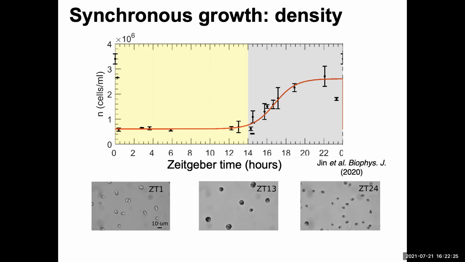The dilution makes sure that you end up with cells that are all the same size. And so you can see in these pictures at the bottom, at Zeitgeber time 1, and then at 13, the cells have got bigger. And then at 24, you can see there's more cells.